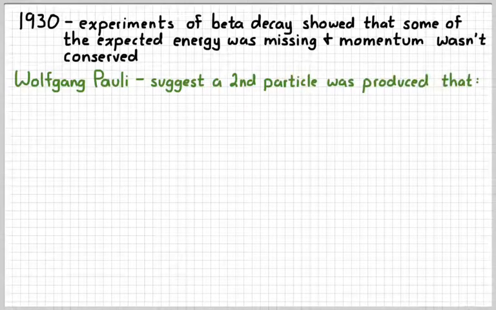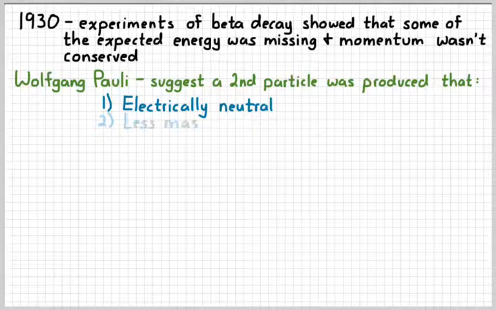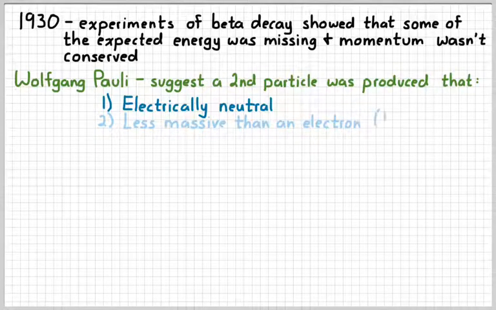This particle would have to be electrically neutral, so that charge would still be conserved, and it would have to be less massive than an electron, which is surprising because electrons are super tiny. So this thing would have to be even less massive than an electron or possibly have a mass of 0.